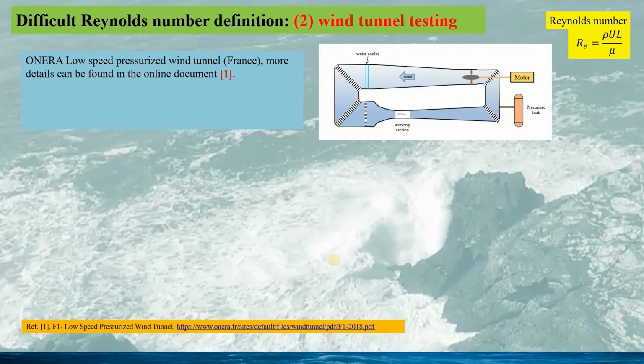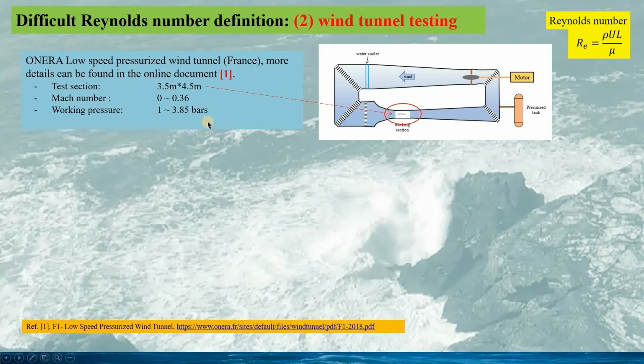The second example is the Reynolds number for the wind tunnel test. Here, we take the annular low-speed pressurized wind tunnel as an example. The basic parameters for the wind tunnel are given here. Test section 3.5 meters times 4.5 meters. The free stream Mach number is up to 0.36 in the working section.